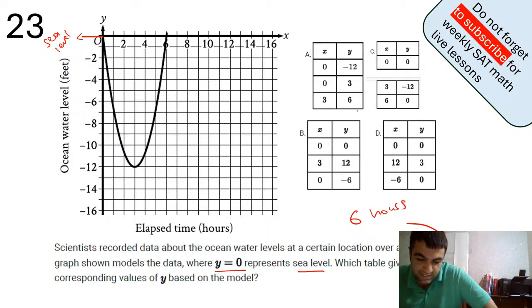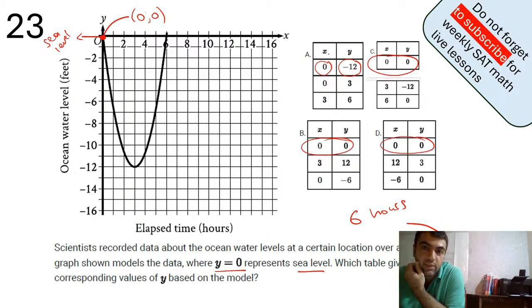You say it is A. If x is equal to 0, the y value is negative 12. No. This point is the (0, 0) point, okay? This is correct, and this is not correct, guys.